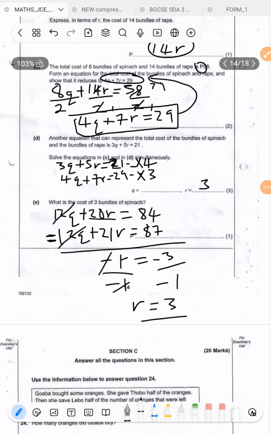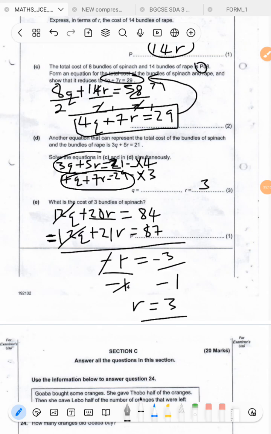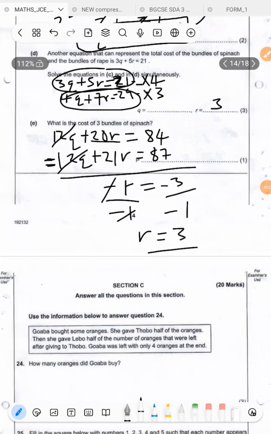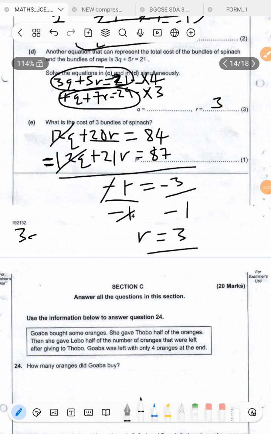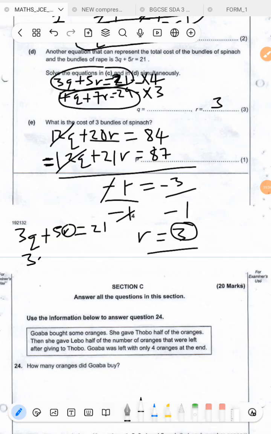Now that we know the value of R, we can take that value and go into one of our original equations, either this one or this one, substitute in the value of R, and find the value of Q. Simple as that. So 3Q plus 5R equals 21. Replacing R with 3, we get 3Q plus 5 times 3, which is 15, equals 21.